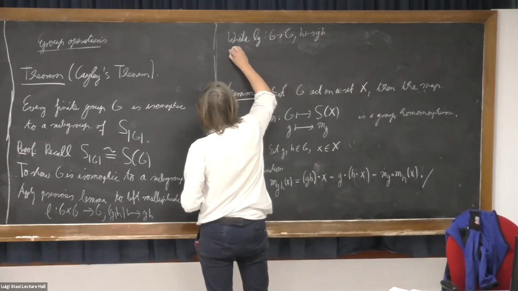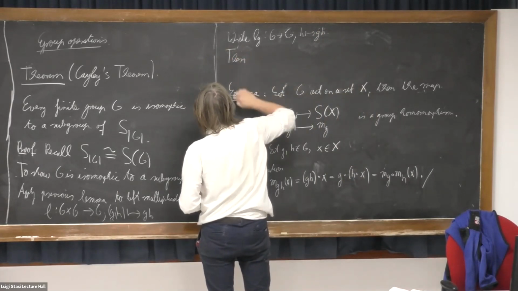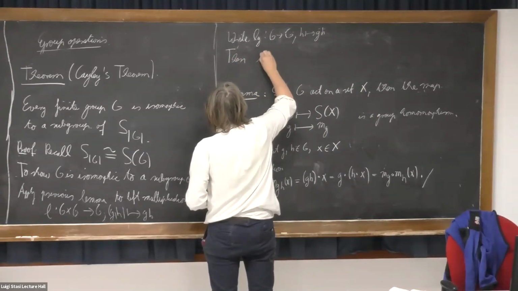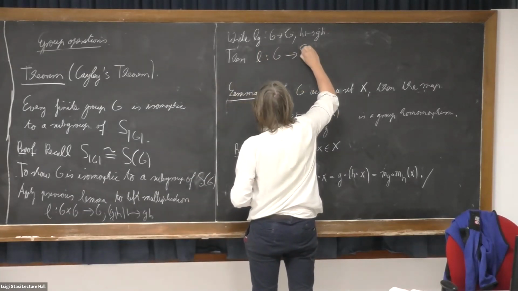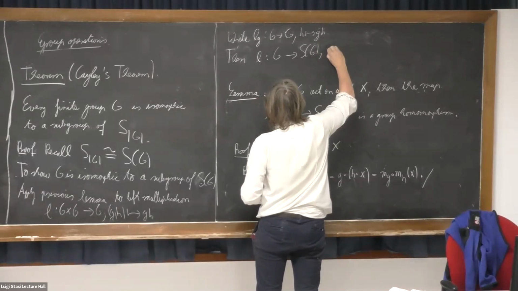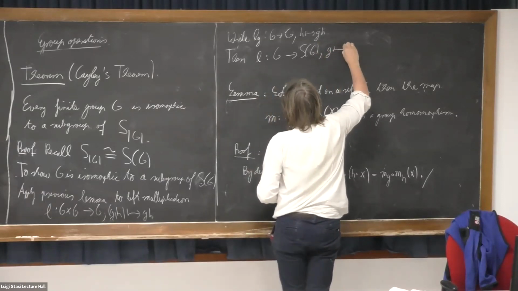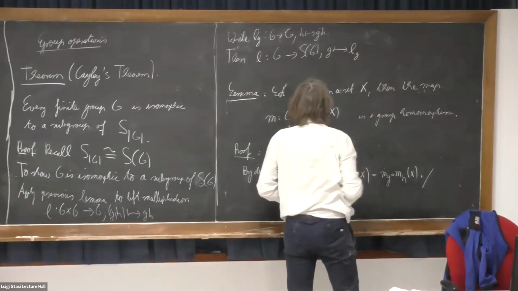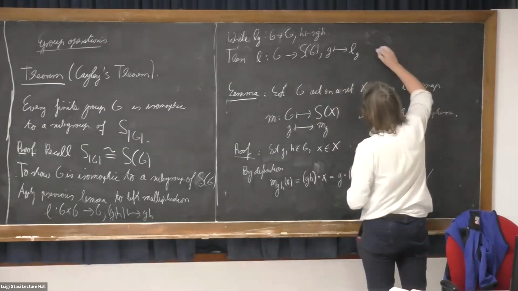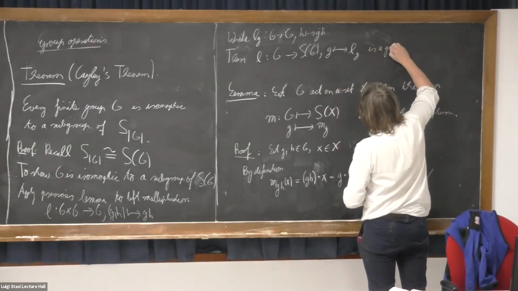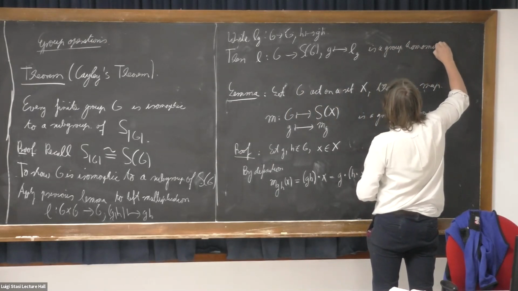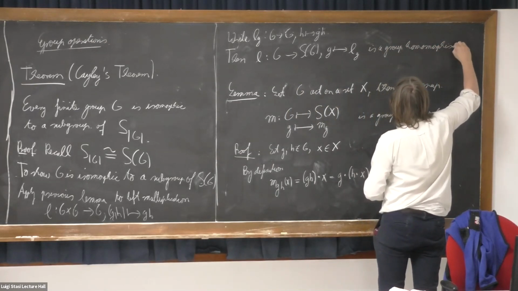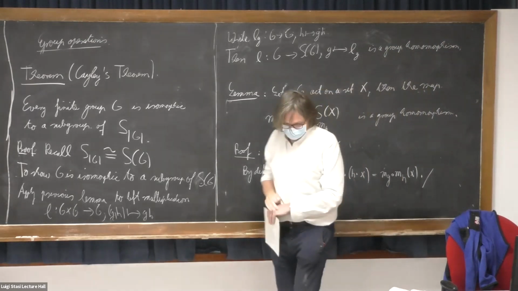So then by the lemma, we have that L from G to S of G, which sends g to L_g, is a group homomorphism. And we want to claim it's injective.